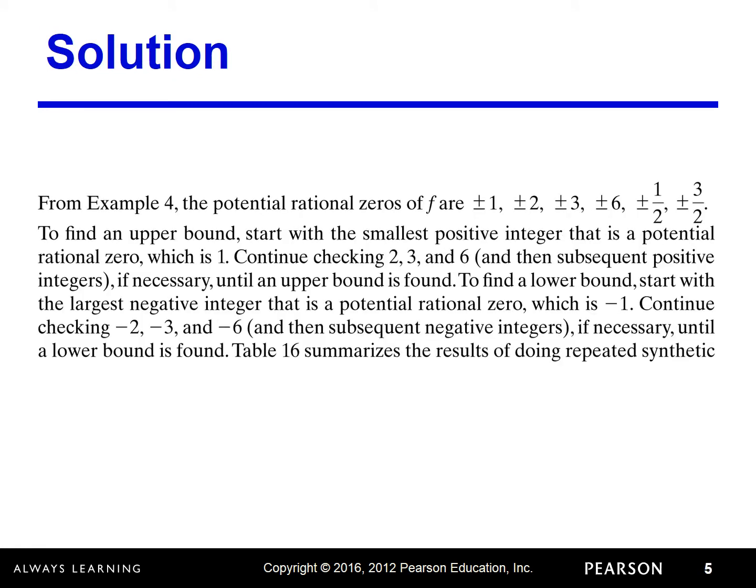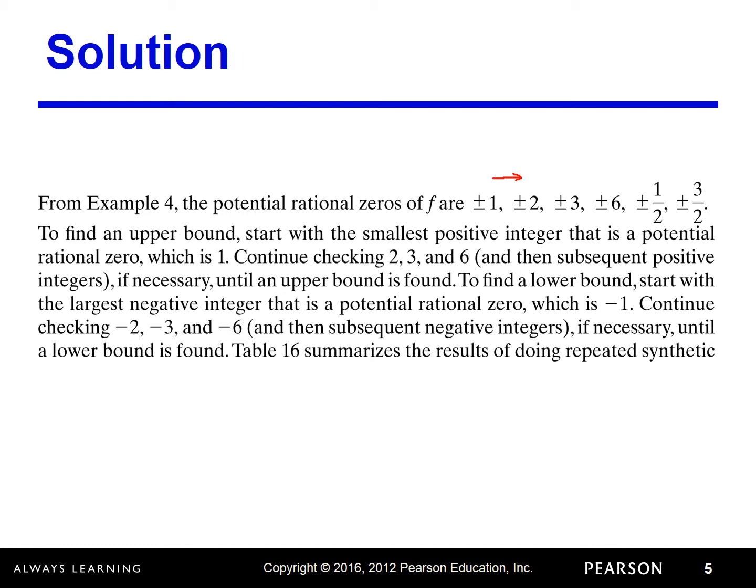Okay, so from example 4, we have these rational zeros, and to find an upper bound, start with the smallest positive integer that is a potential rational 0, which is 1. And then we're going to go up from there, 1 to 2 to 3, to 6, and that's it. Subsequent positive integers, if necessary, until an upper bound is found.